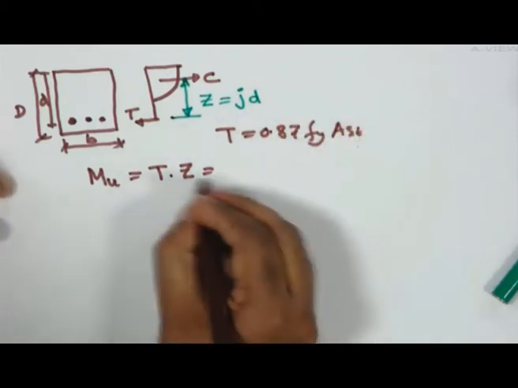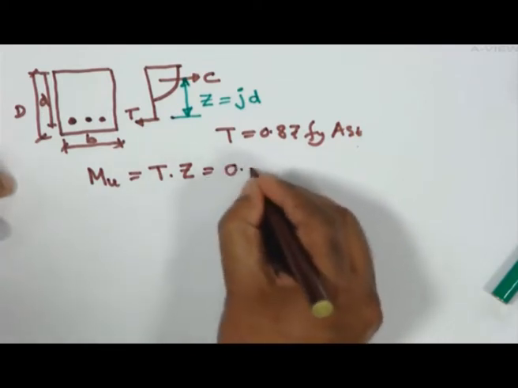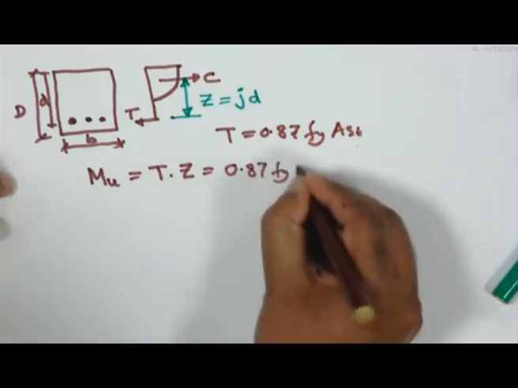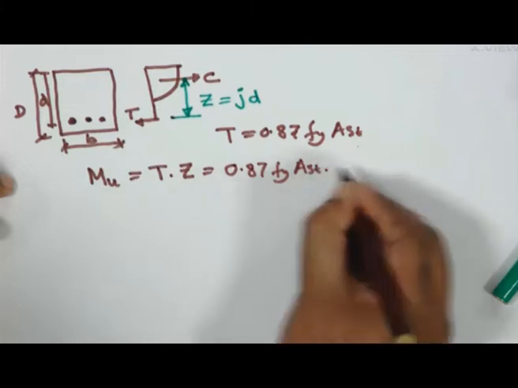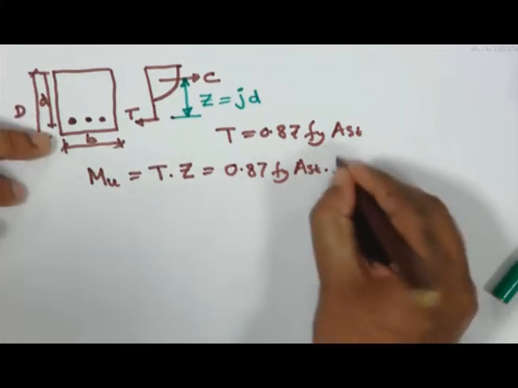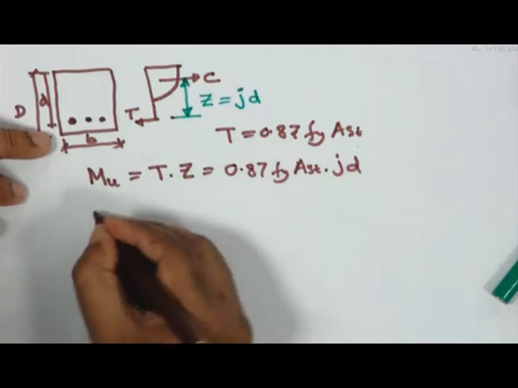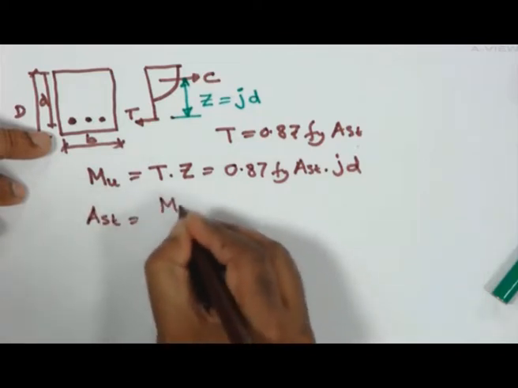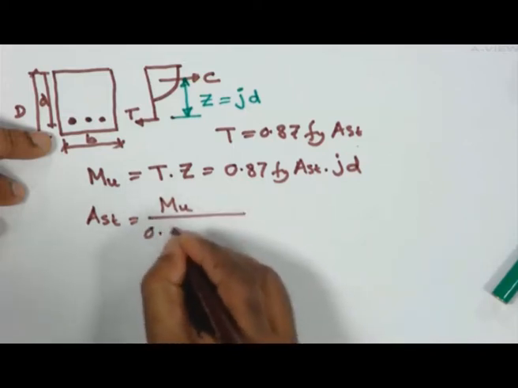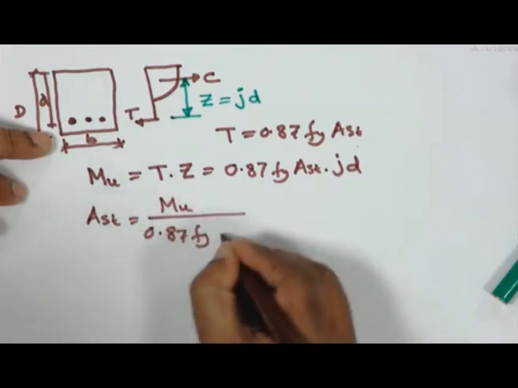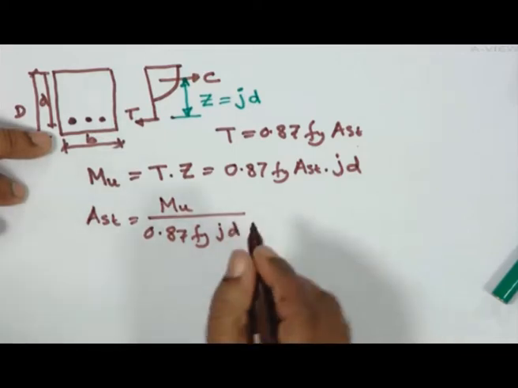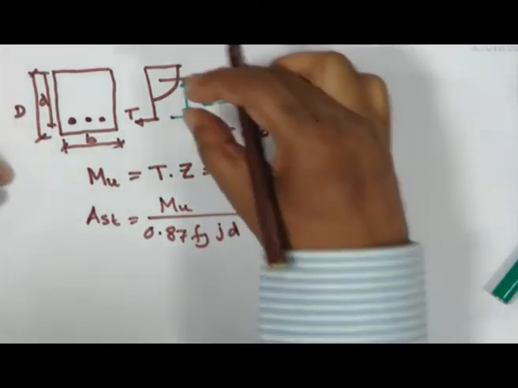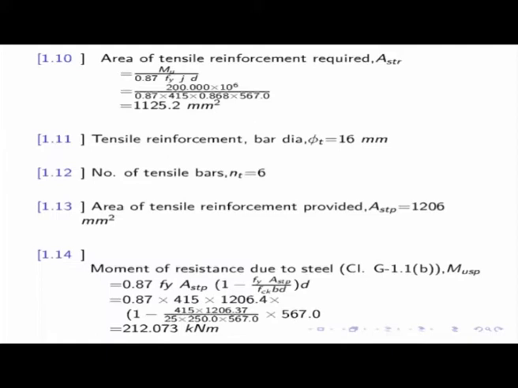So T times Z, I can write 0.87 fy Ast multiplied by Z, meaning J d. That means Ast will be equal to Mu by 0.87 fy J d. This is the formula we have used. That means this is the couple it is making, T times Z, and you get this particular formula.